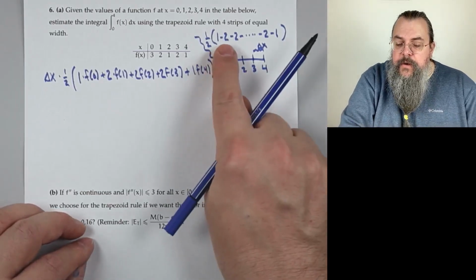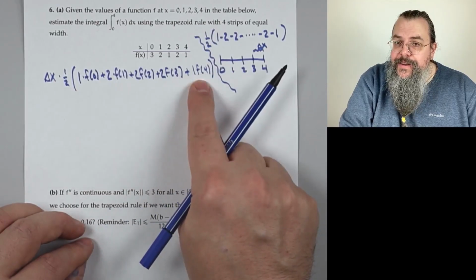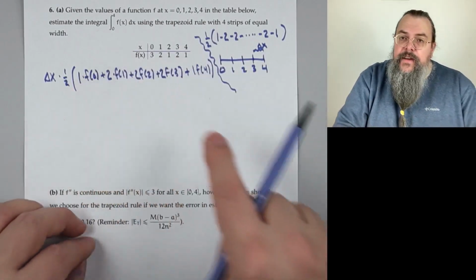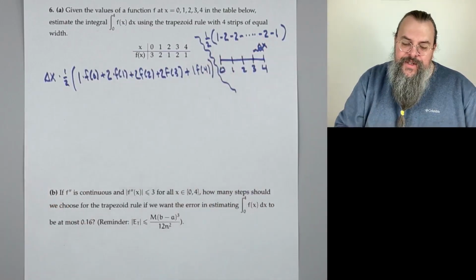So this is what I mean by the 1, 2, 2, 2, 1. And the half is because you're sort of double counting most of the terms.